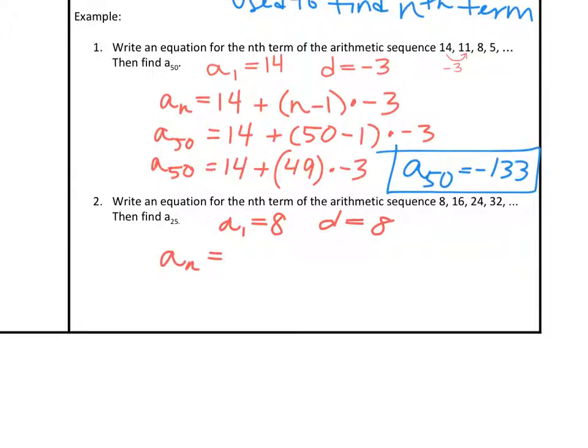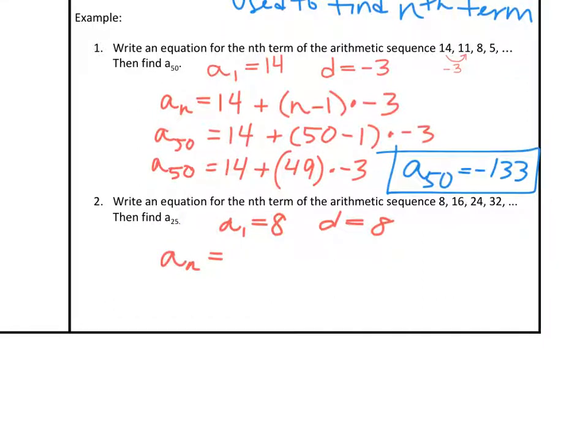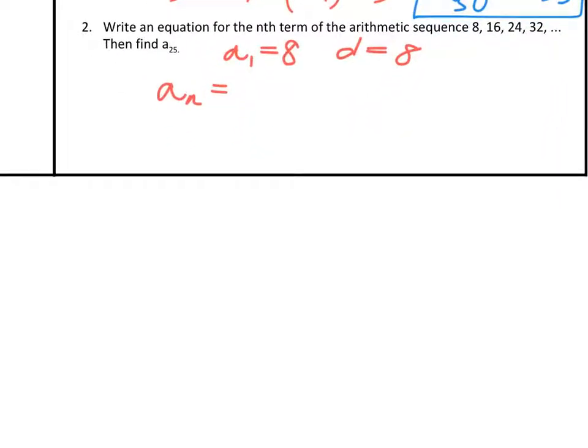A_n is equal to, we're using the formula right above, A1 plus, oh, I forgot to replace it. A1 is 8 plus n minus 1 times 8. You can put the 8 in front. So I know it says n minus 1 and then times d. You can put d right here if you want. That's totally fine.